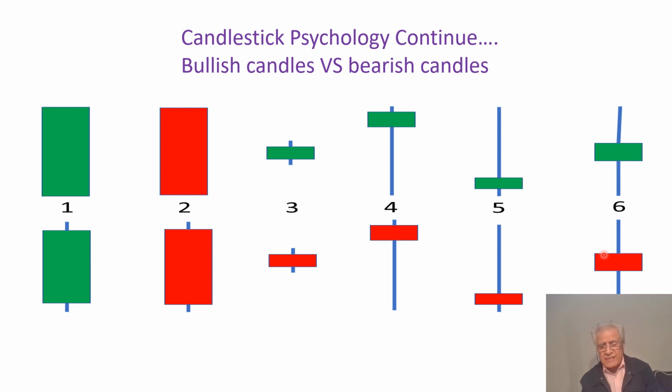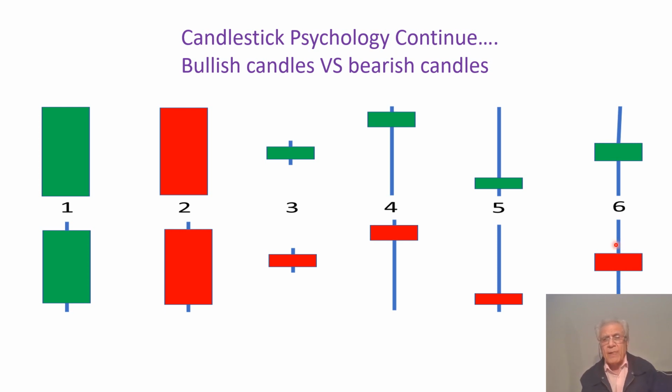It is considered a great amount of indecision. If you see these two candles in a price trend, that indicates indecision, because the body is very small but the upper and lower shadows are long.